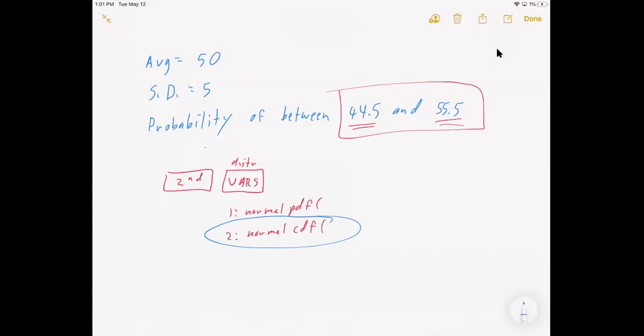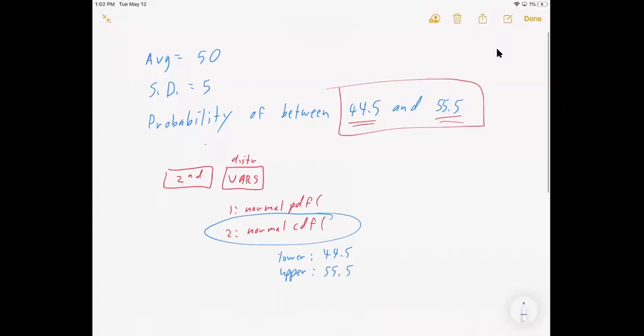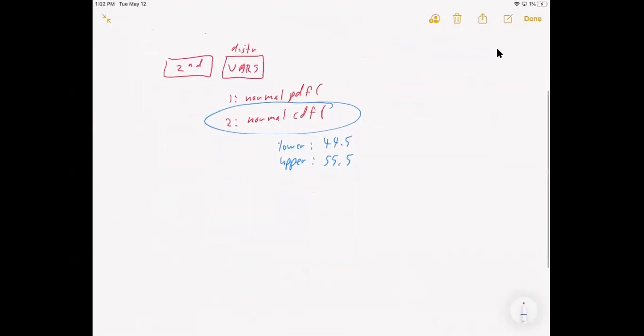Then hit enter on number 2, and you will see a lower value comes up. In this case, our lower value is 44.5. Then the upper value needs to be typed in, in this case 55.5. Then it has a mu, which is the statistic symbol that often is used for the mean.